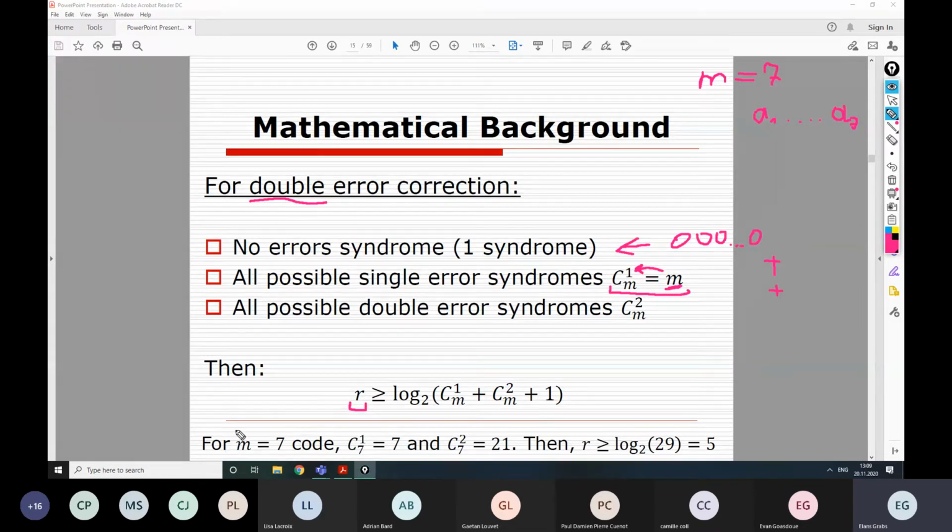So, for example, in this case, if our m is 7, then the number of combinations by 1 from 7 would be 7. The number of combinations by 2 from 7 would be 21. 21 possible ways of how we can make 2 errors in 7 bits, plus single errors, plus 7, plus 1 for the no errors case.